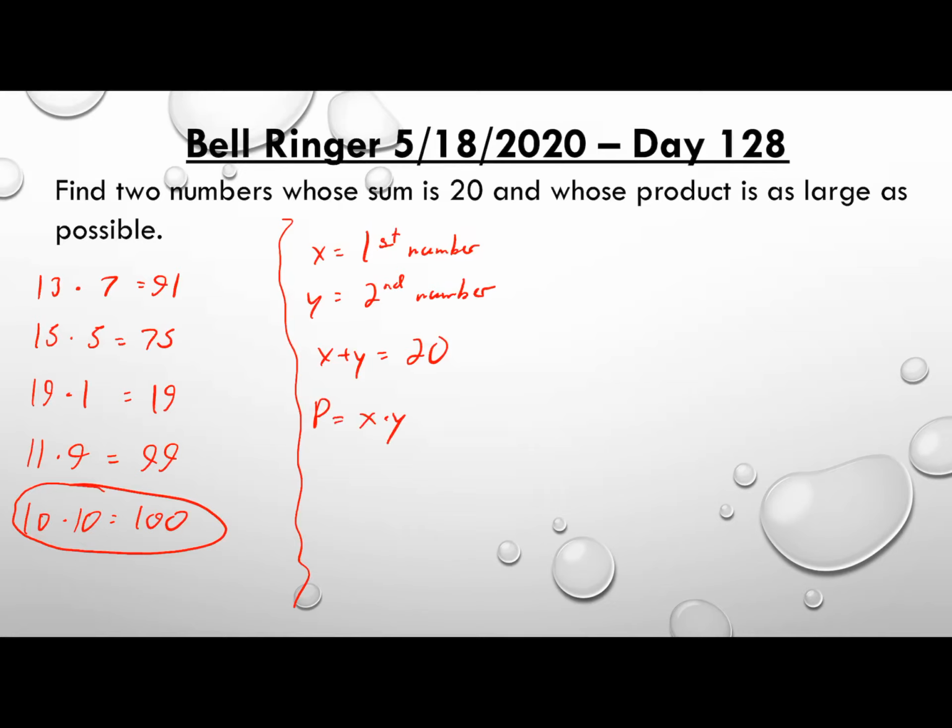Well, we're going to do a little trick here to turn this equation of X times Y into an equation of just one variable.